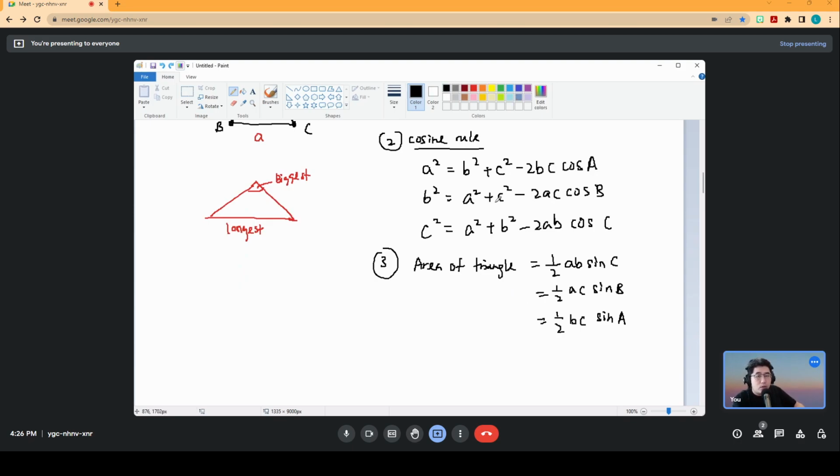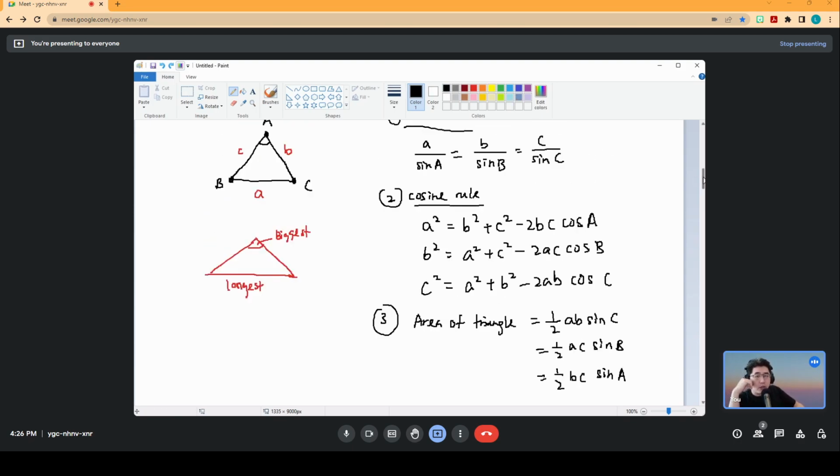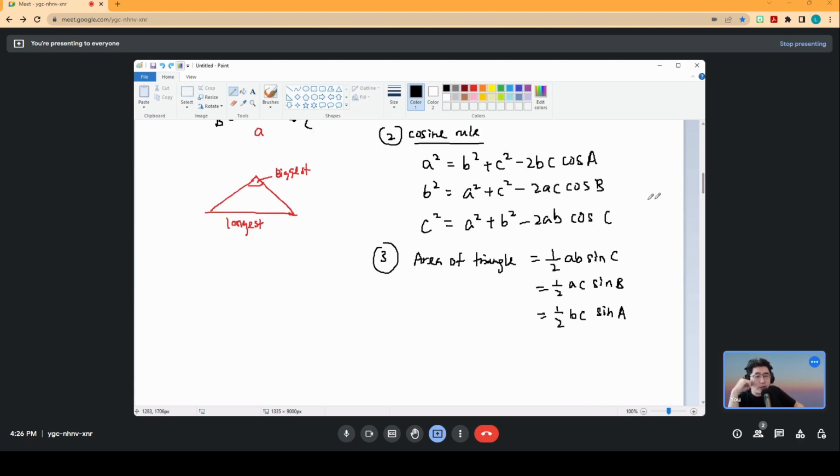So all of these three rules here involve an angle. What if I don't have any angle involved? For the area of a triangle, we can use Heron's formula, in the event that I only have the three sides.